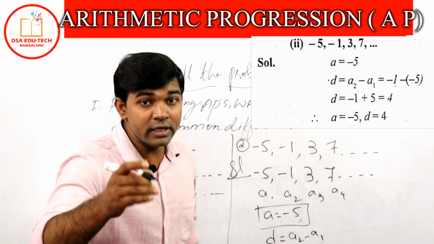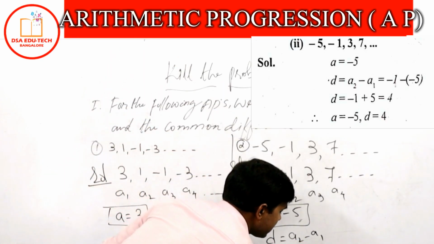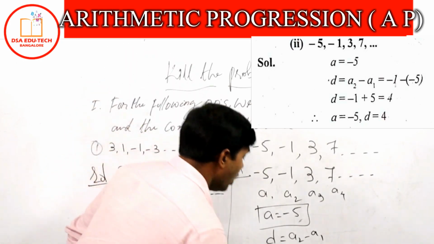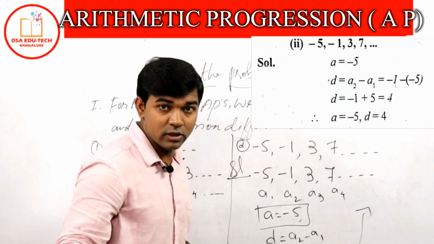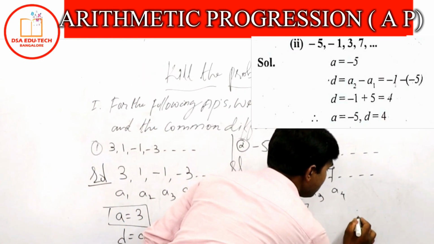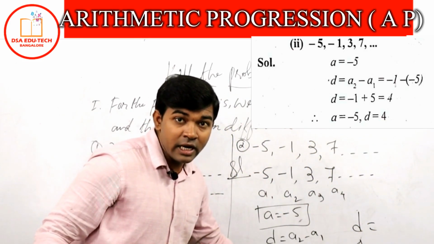So minus into minus is plus, and I'm going to get plus 5. So basically I will write over here D equals minus 1 plus 5.